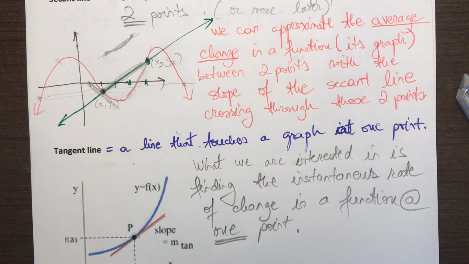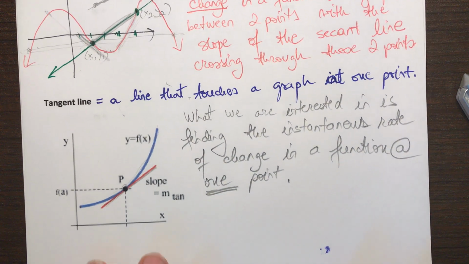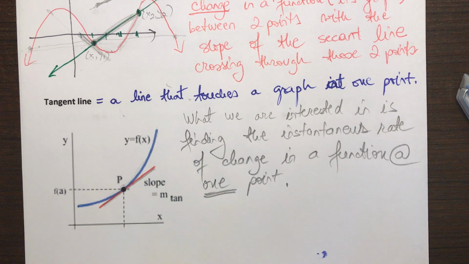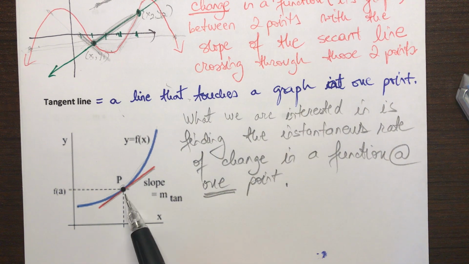Great. So I can approximate the change in the graph of my function by that instantaneous rate of change in the graph of the function, right, at one point.